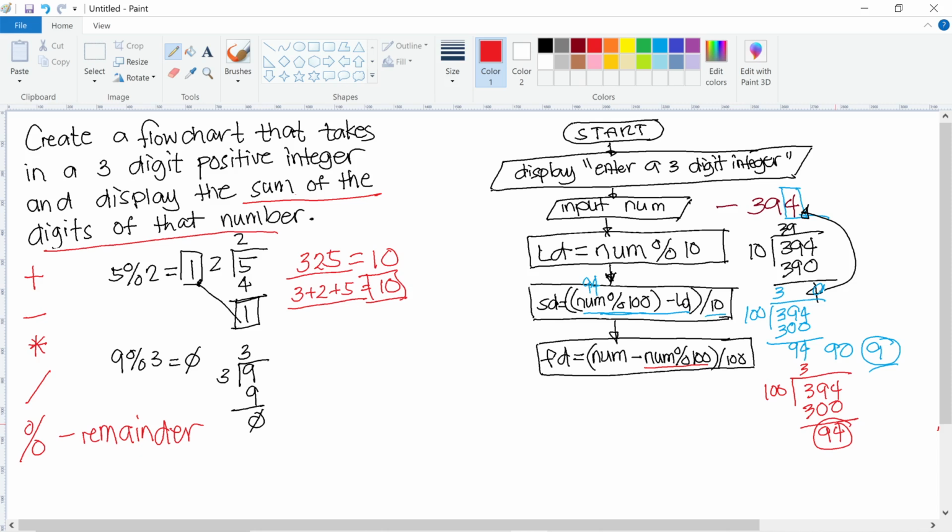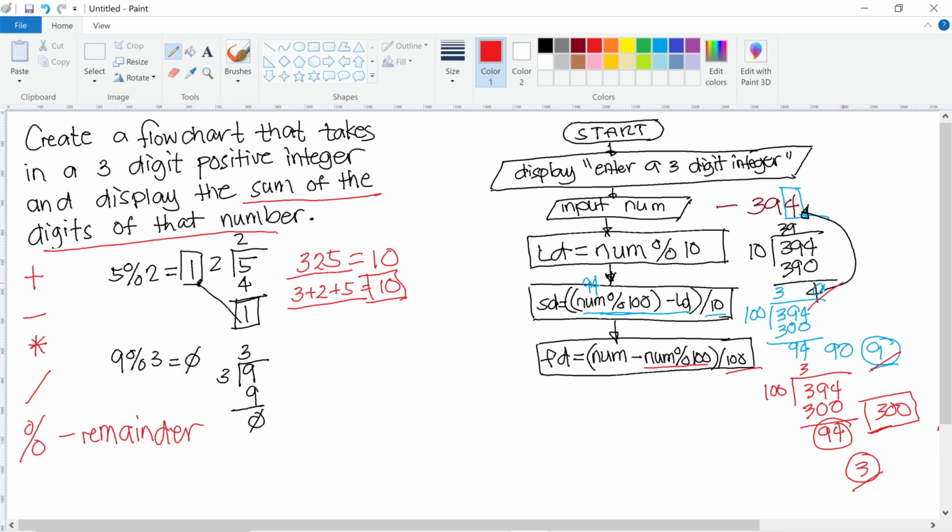So when we subtract 94 from 394, that would give us 300. And when we divide 300 by 100, that would give us a value of 3. So now we have extracted 3, 9, and 4.